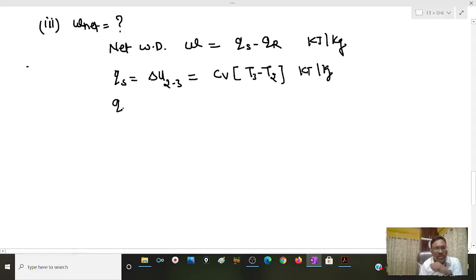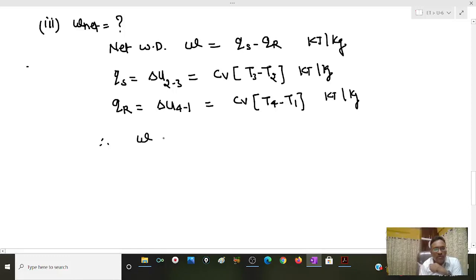Similarly, heat rejected during process 4 to 1 will be Cv (T4 minus T1) kilojoule per kg.